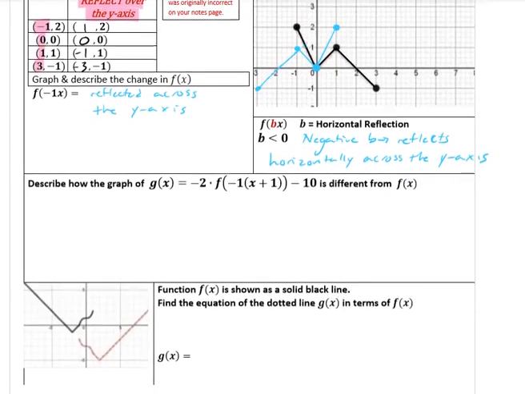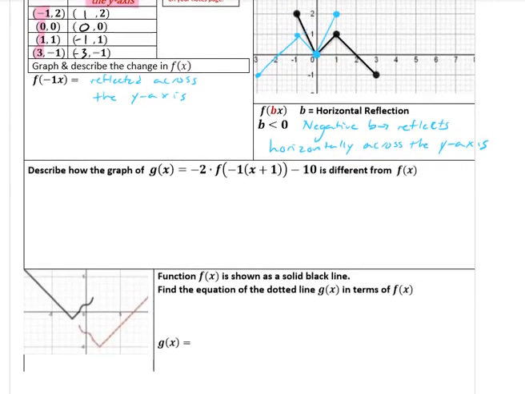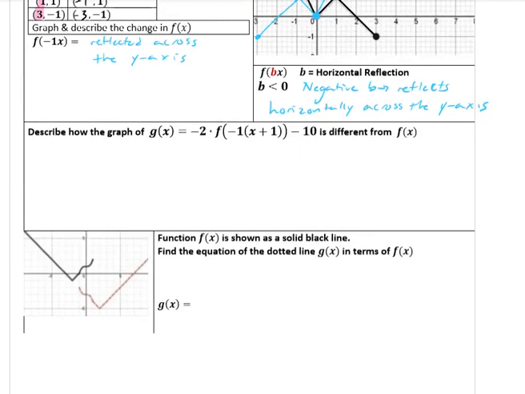The next section says, describe how the graph of g of x equals -2 times f of (-1 times (x + 1)) minus 10 is different from f of x. We just have to describe the transformations that are occurring in each step. So let's start with this one here. That number in back represents k.